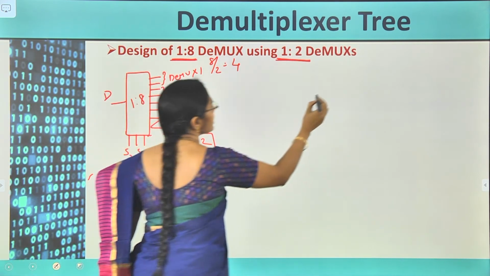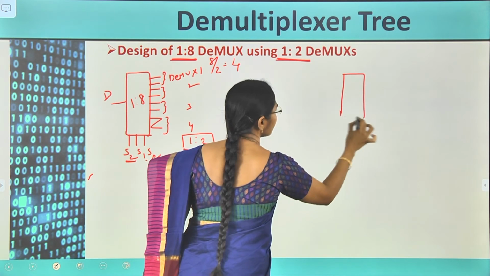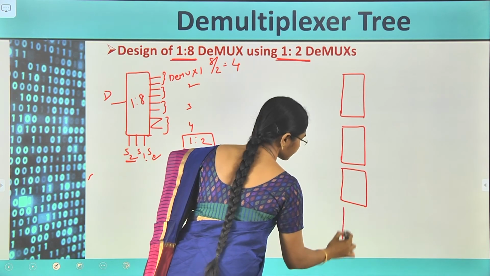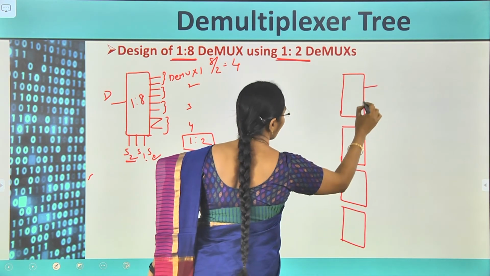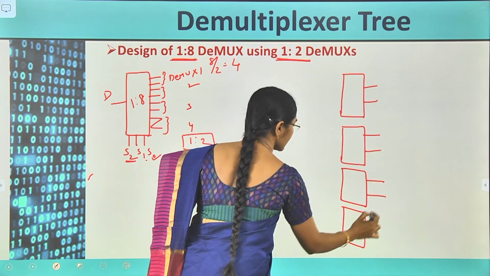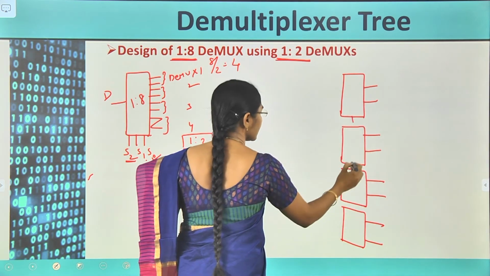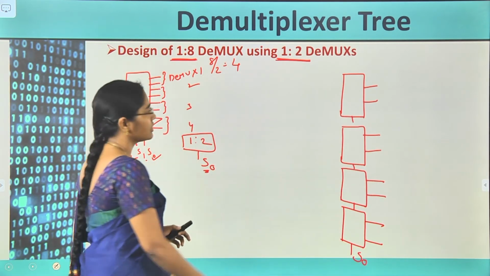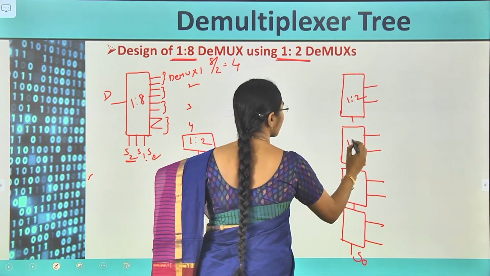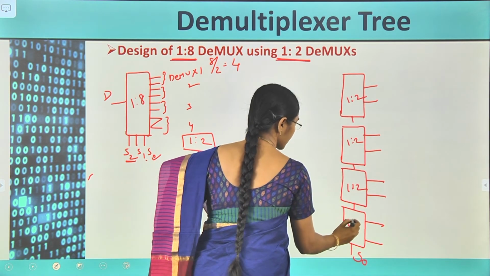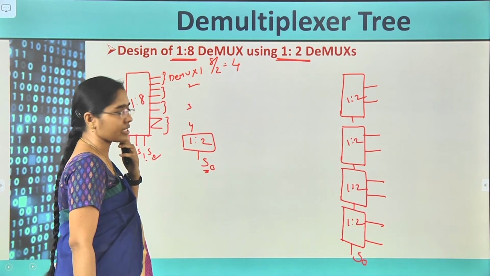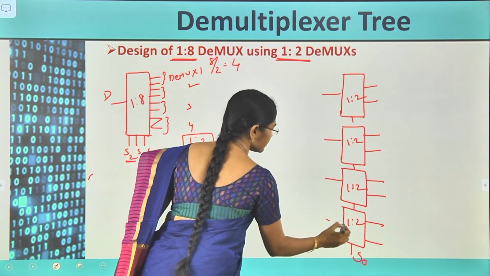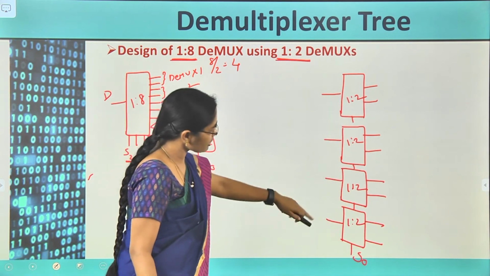In the final stage, we are going to have 8 outputs: 1, 2, 3, 4, 5, 6, 7, 8. For all of these demultiplexers, the selection line applied is S0. All of these are 1:2 demultiplexers, and S0 is covered. But for all of these, the inputs required are 1 signal each, so here 4 signals remain.